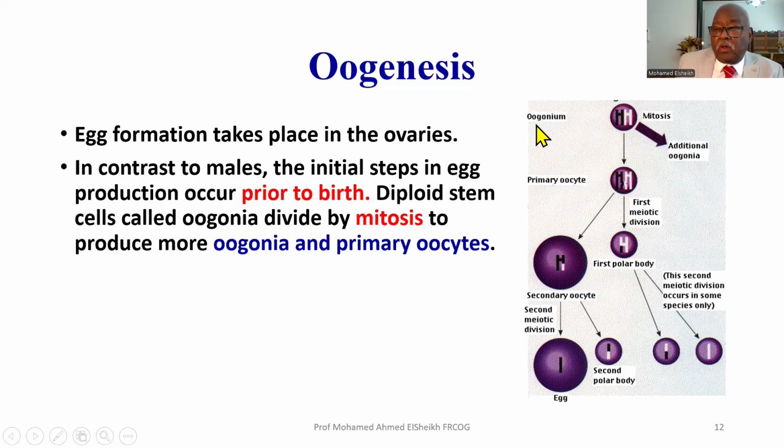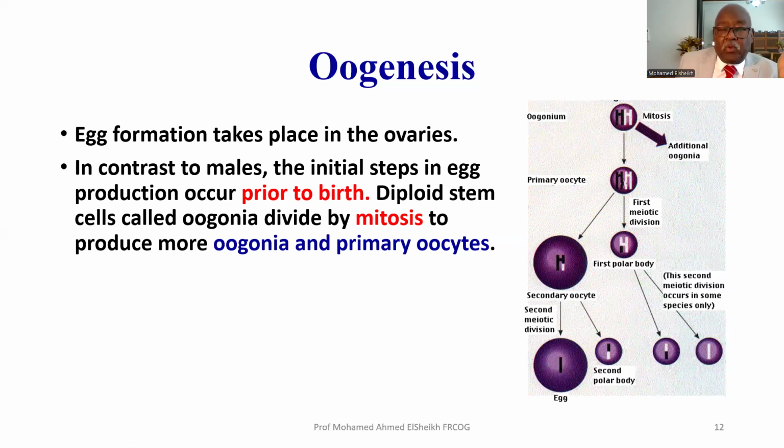And you can see here, this is the oogonium, the singular, by mitosis, producing additional oogonia, and then producing the primary oocyte.